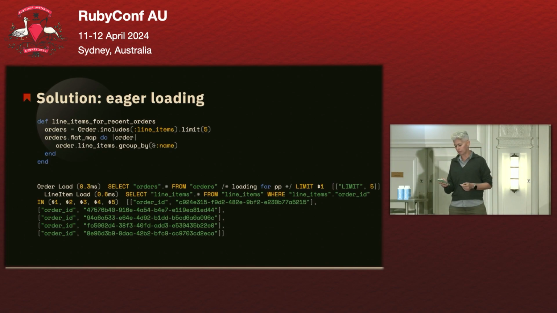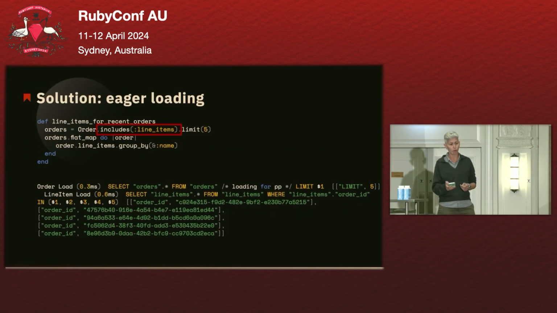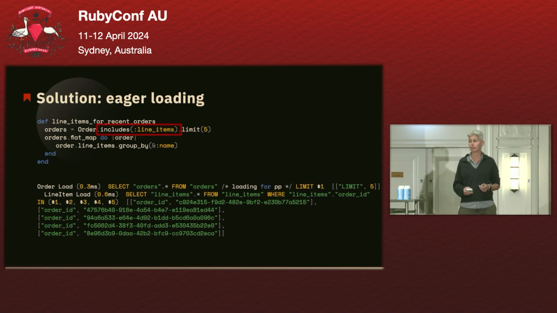Now, this can be done by calling the includes or preload method on Active Record relations, on the objects that are being built. With includes, Active Record ensures that all of the specified associations are loaded using the minimum possible number of queries.